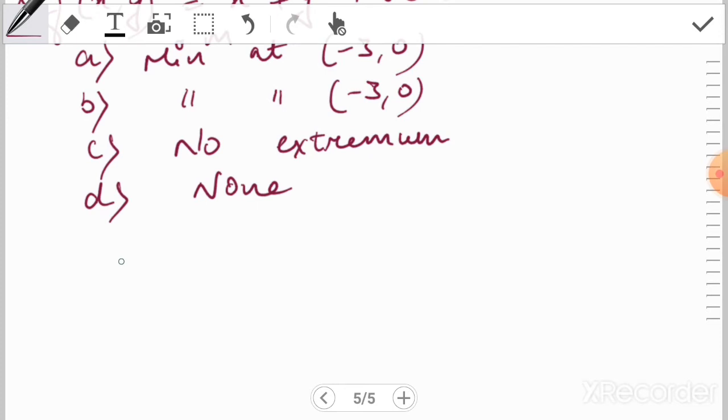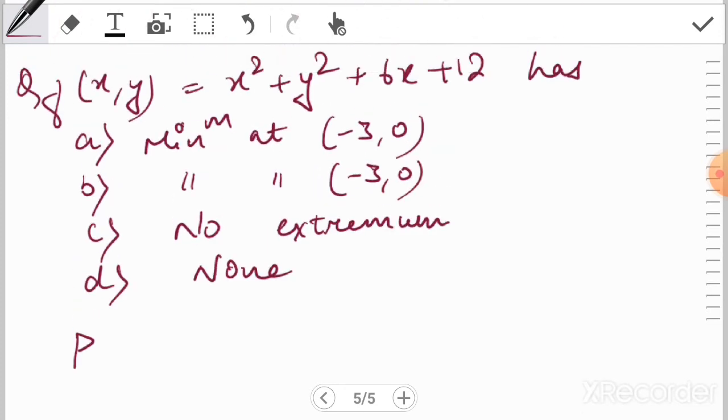So now let us take the partial derivative p with respect to x. So 2x plus 6. So assume y as a constant. And then q, differentiating with respect to y, df by dy. So assume x as a constant and you will have 2y.